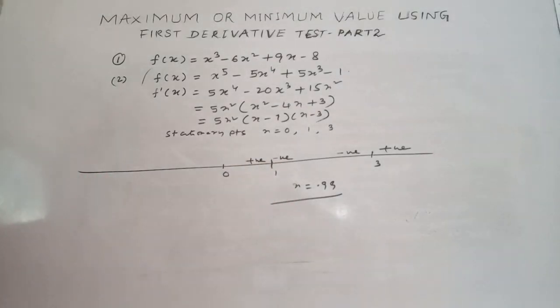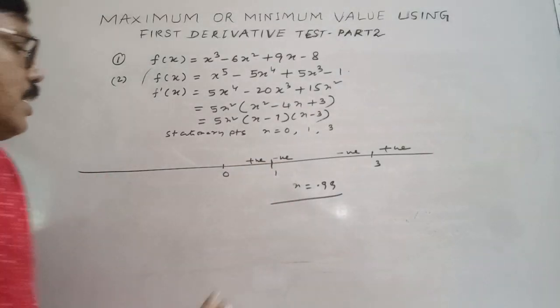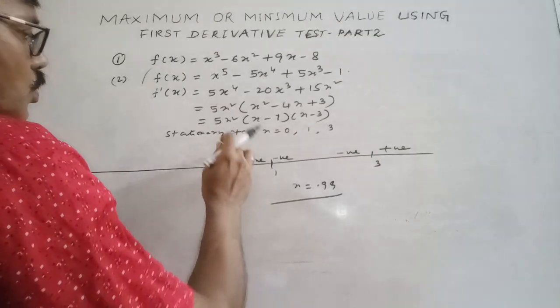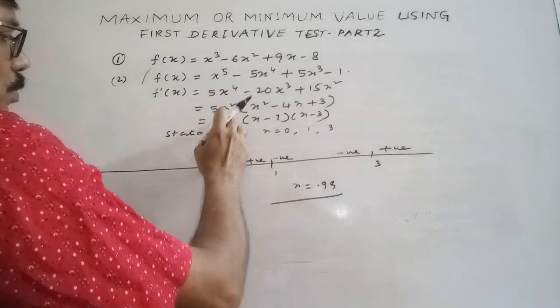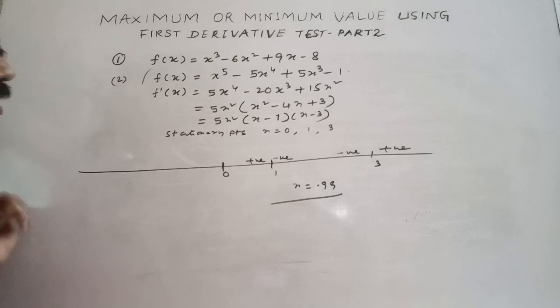For less than 0, it is always positive because it is a square term.